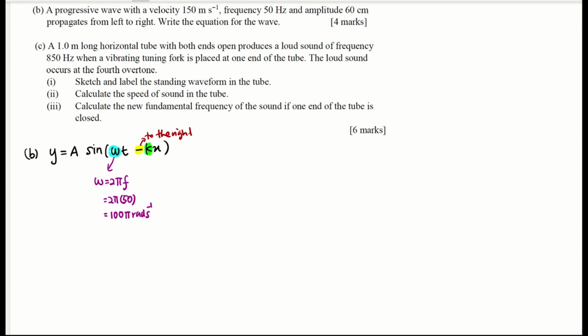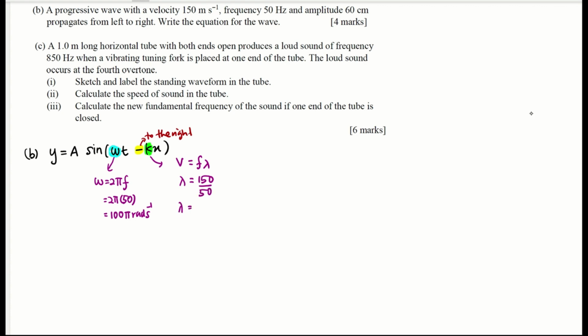And then how to find k? So k, since the question give the velocity of the progressive wave, so we can use equation V is equal to f lambda. Sama juga. Okay, so kita boleh kira lambda is equal to V over f, which is 150 over 50.